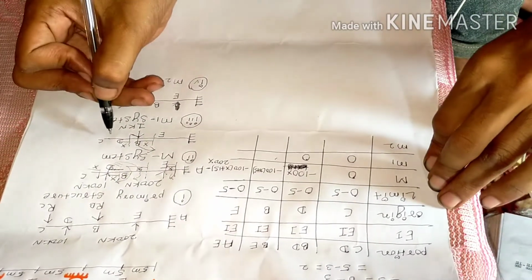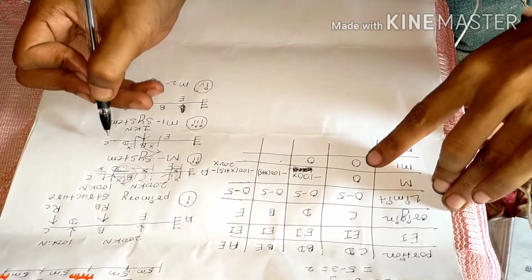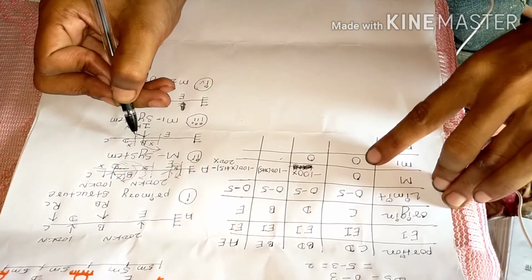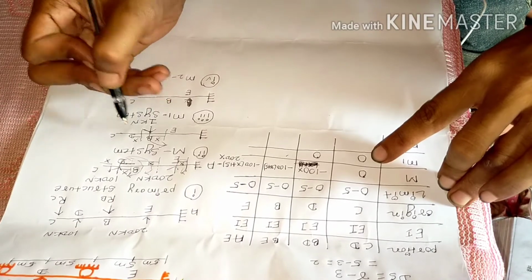So in portion CD moment is 0, in portion BD moment is also 0.